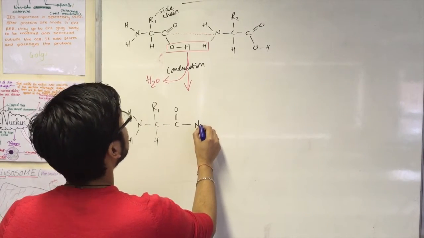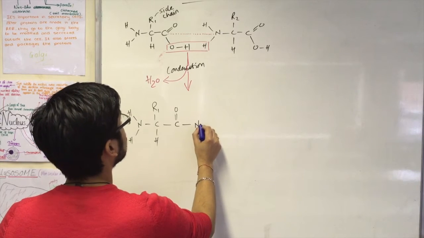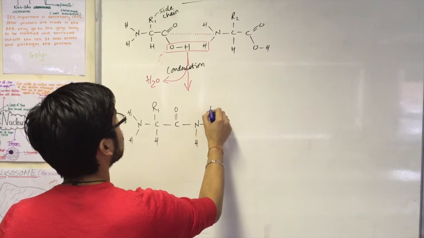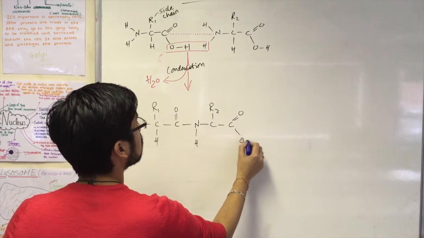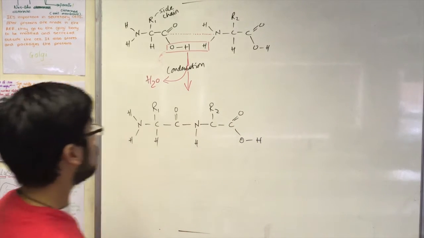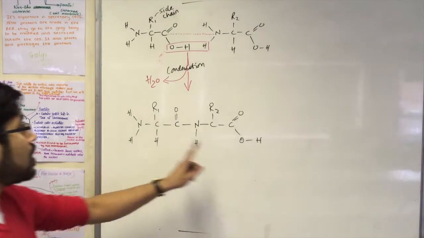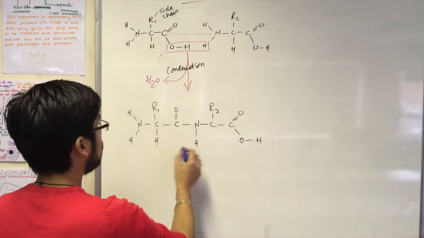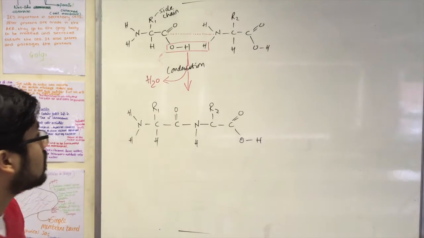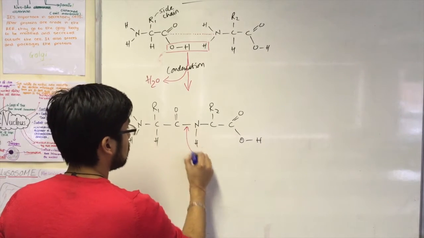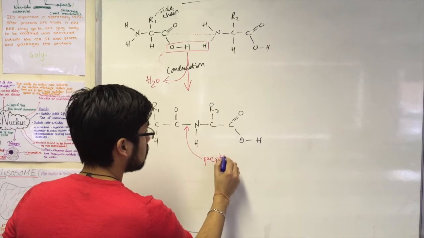Peptide bond, NH, carbon, and everything else is the same. Okay, and there we have our dipeptide. That's the peptide bond. I'll label these things. So that is your peptide bond.